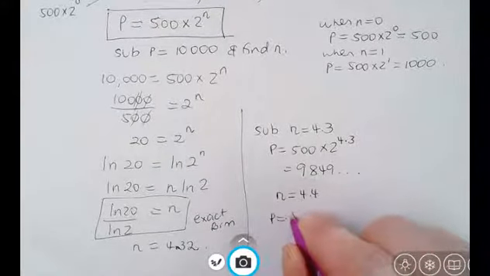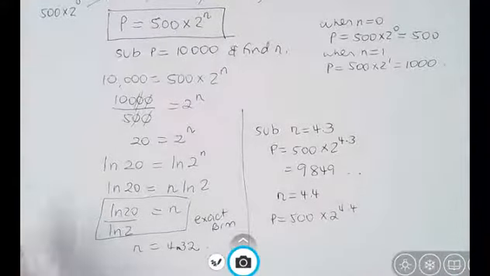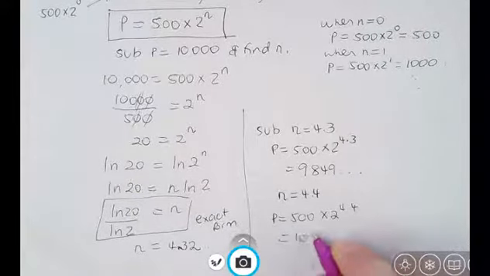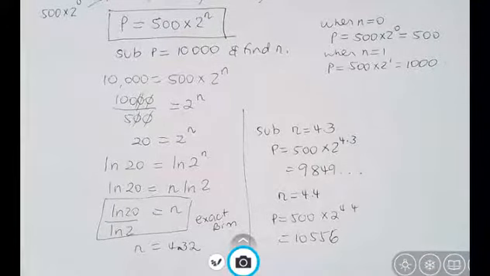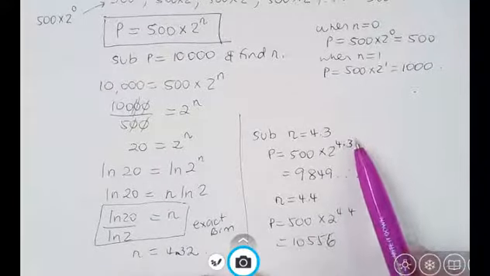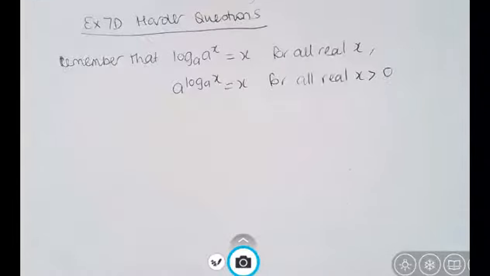So if I substitute in n is 4.4, I get 10,556. So you need at least 4.4 years, but I suppose it is closer to 4.3 years than 4.4 years anyway.